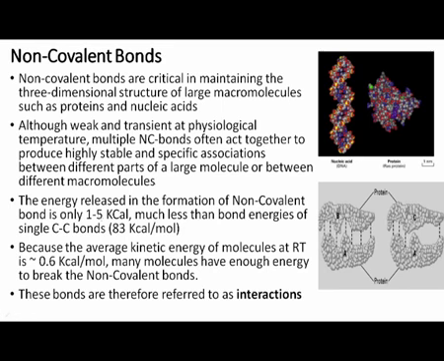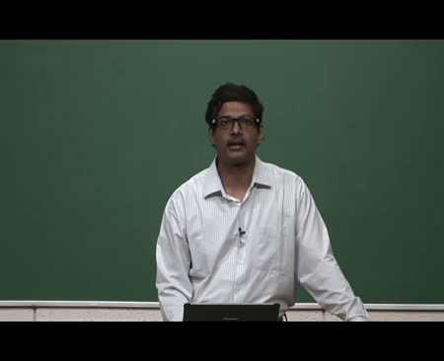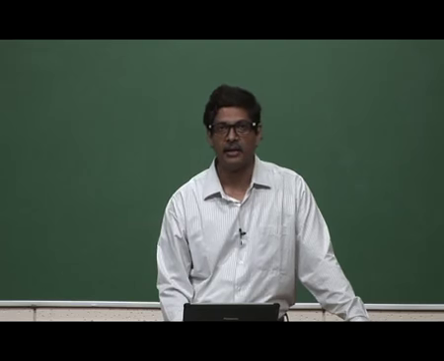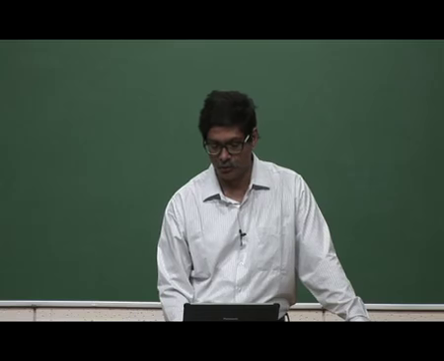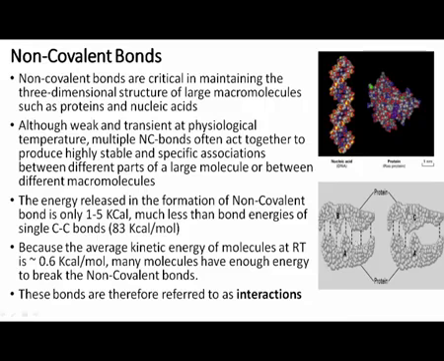So, because of such transient nature, they are not called bonds, rather they are much better referred to as interactions. And as you can see, here are two protein molecules, and these protein molecules are interacting with each other by formation of various kinds of non-covalent interactions.